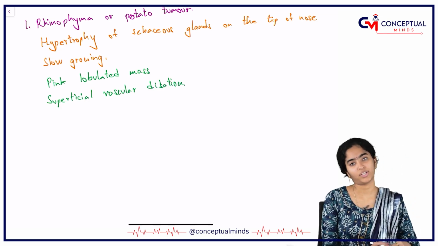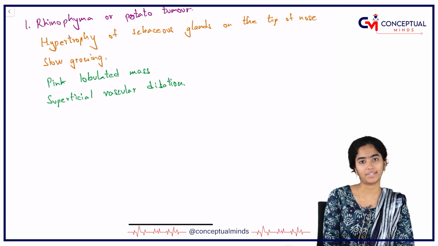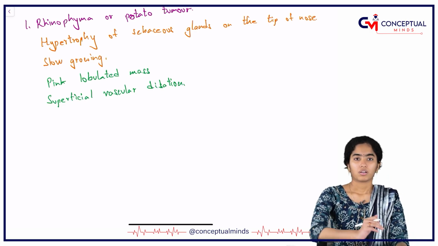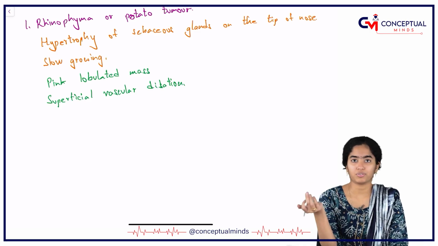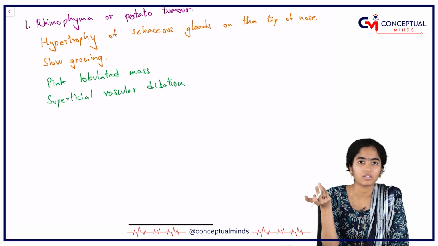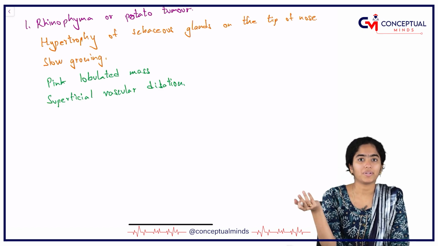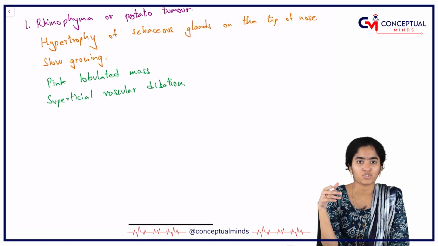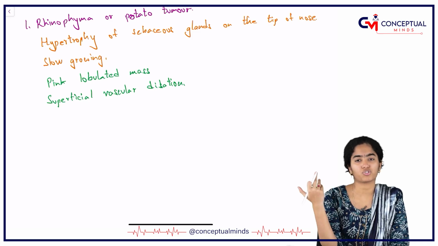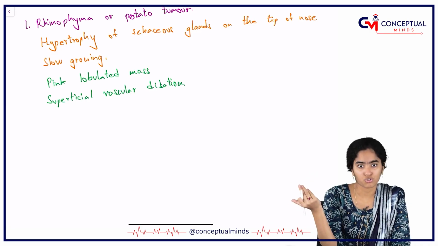Middle-aged people are usually affected with it, and it's usually men who are affected more commonly than women. So the patient will come to you because of any of these problems. Mostly, to begin with, it has an ugly appearance on the nose. I told you, external nose, any deformity, it's a matter of concern to the patient. And secondly, the patient can have nasal obstruction, and the patient can have vision problems when it becomes very large.